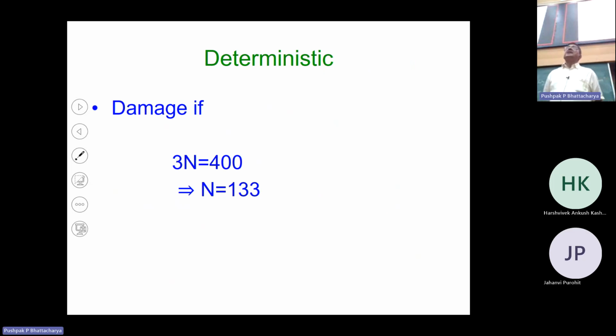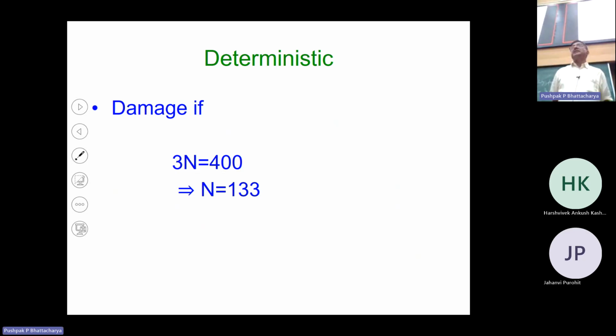So let's take a deterministic approach to answering this question. The bridge will get damaged if 3n equals 400. Where does 3 come from? 3 is the mean weight of the car. And the mean of the tolerance weight is 400.